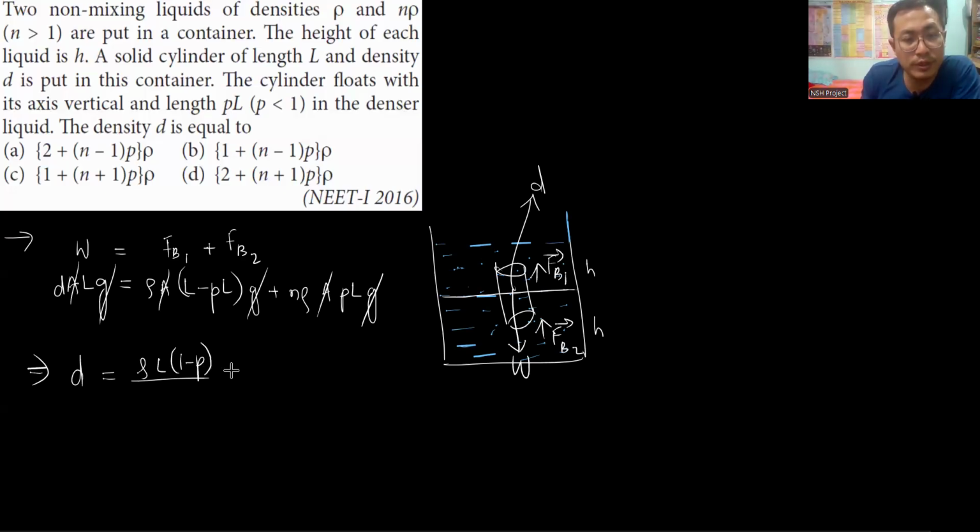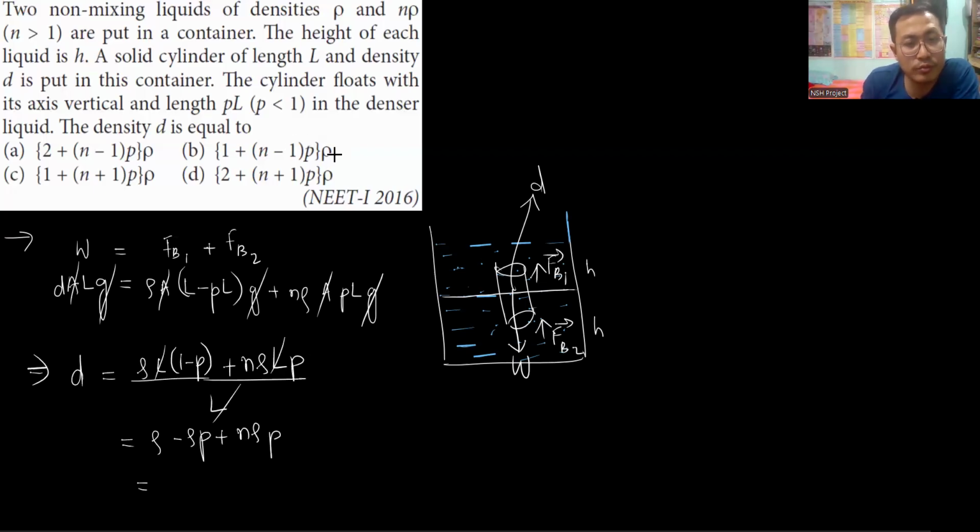We get rho L times 1 minus P, plus N times rho L P, divided by L. So L cancels out, and we have rho minus rho P plus N rho P.